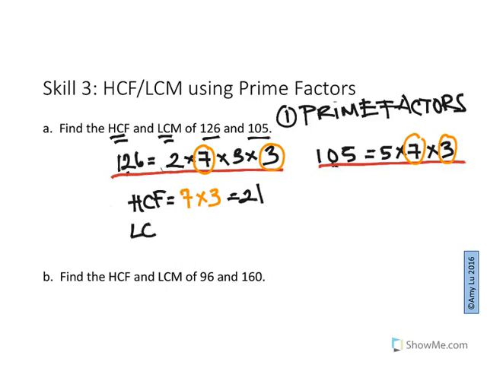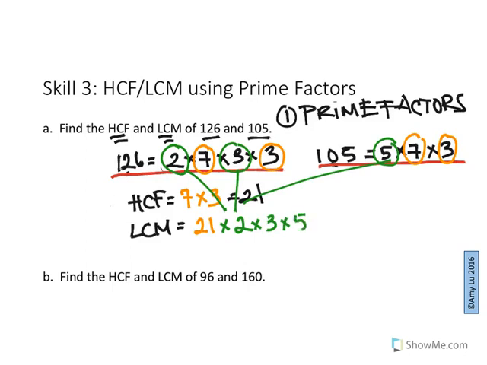Now, in order to find the lowest common multiple, you take the 21, which is the highest common factor, and you have to multiply by all the numbers that have been left over. So 21 times 2 times 3 times 5. And so if you do that, you should end up with 630.